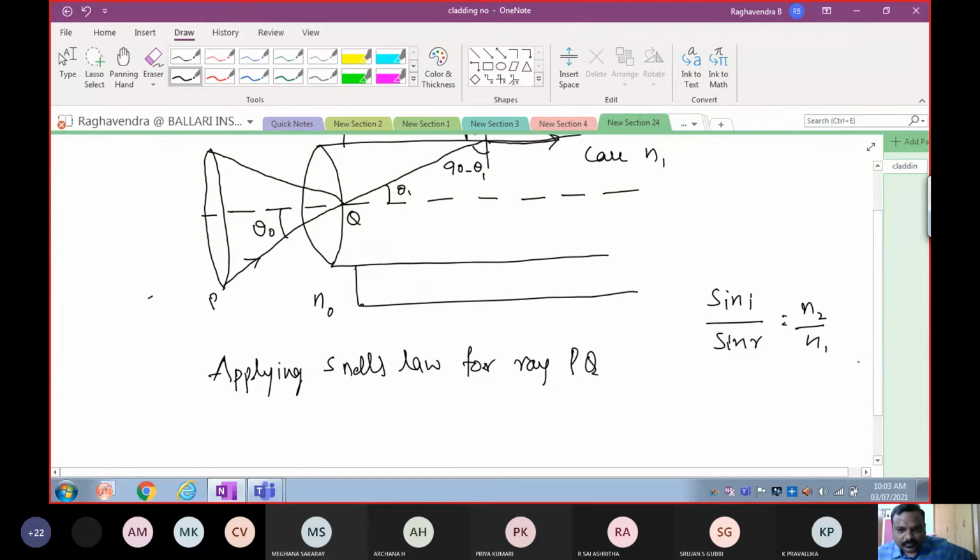Here our n2 is core, and n1 is the surrounding medium.